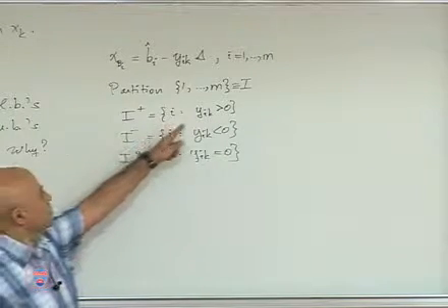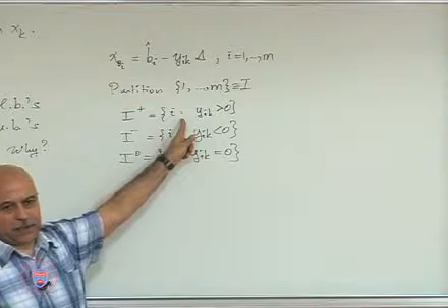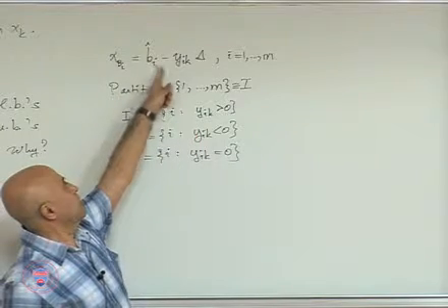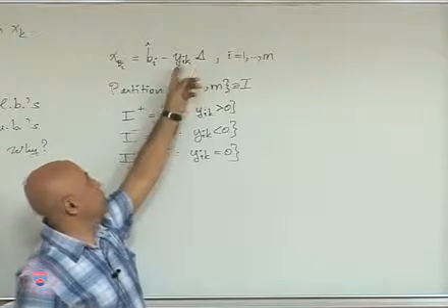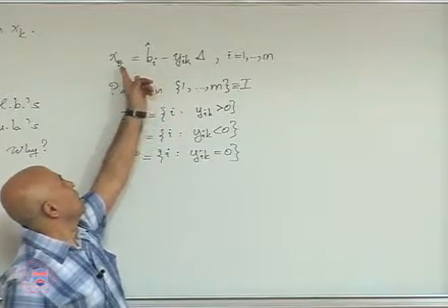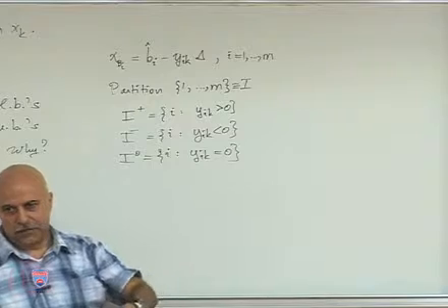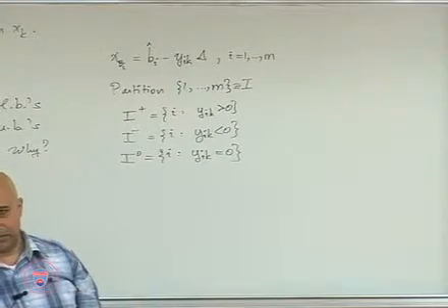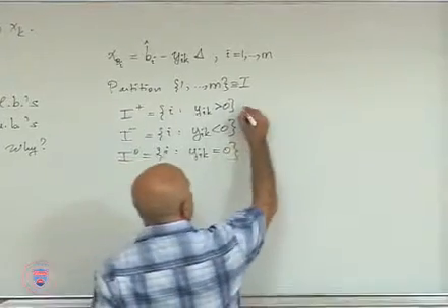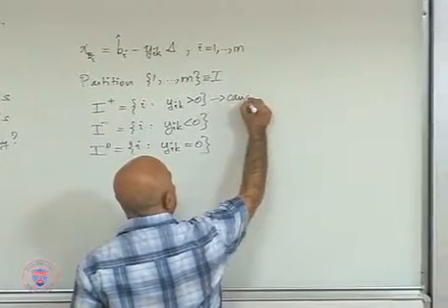Now, for those i coming from the first set, I plus, what kind of a change do I have? Well, y_ik is positive, delta is positive. Obviously, the variable is going down from the current value. So these are the variables that may hit their lower bounds.